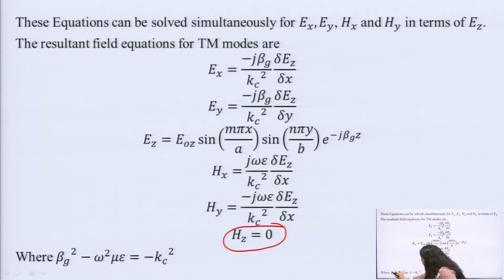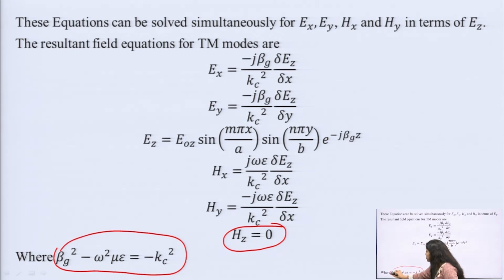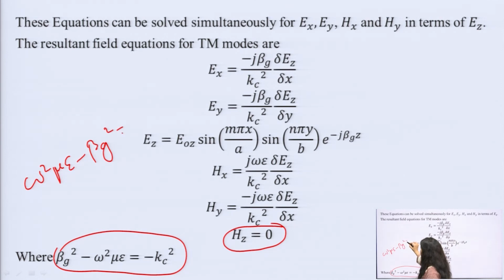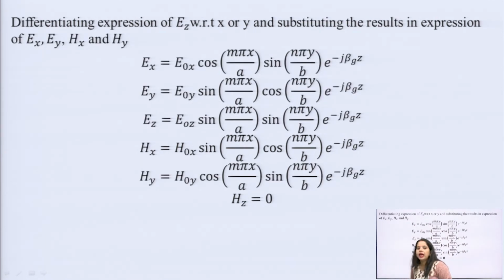Here again we are assuming that beta g square minus omega square mu epsilon is equal to minus kc square. In the TE mode also we assumed omega square mu epsilon minus beta g square is equal to kc square. The same assumption we are taking here also.